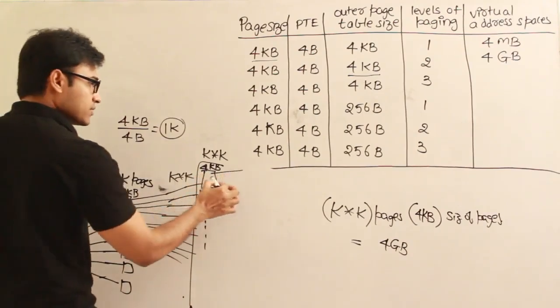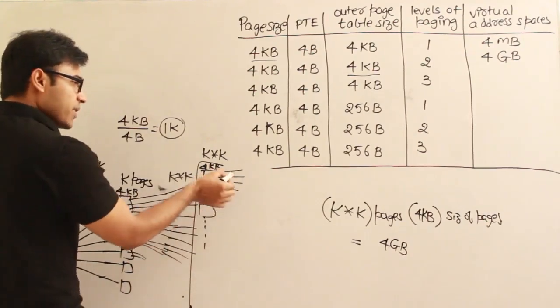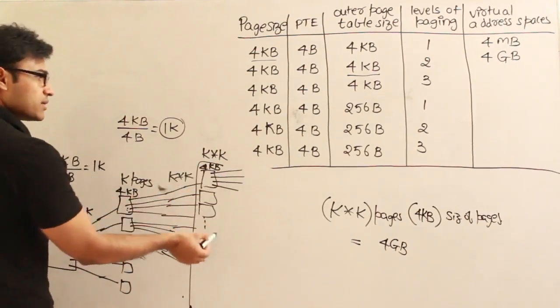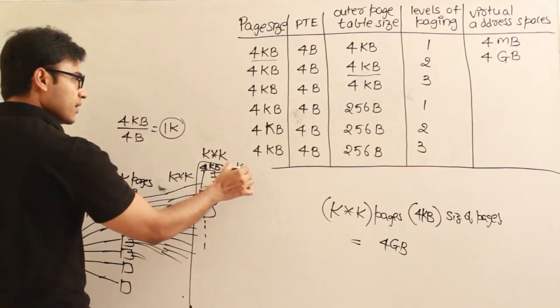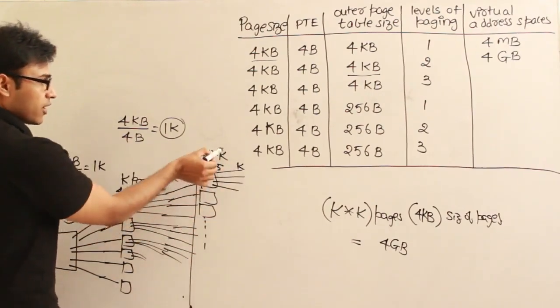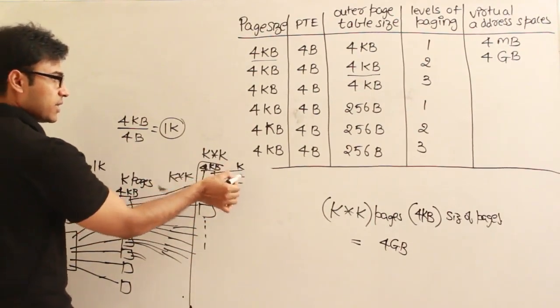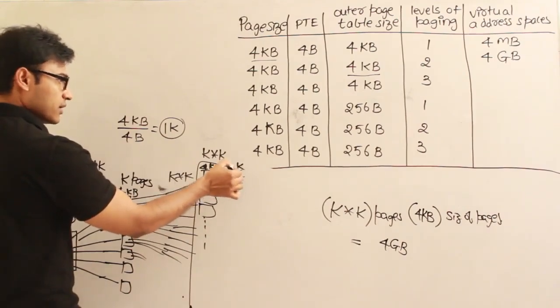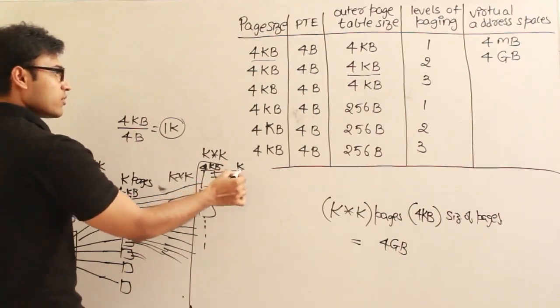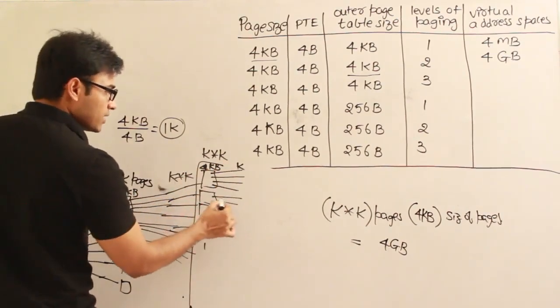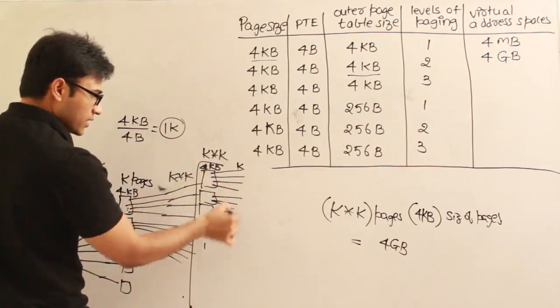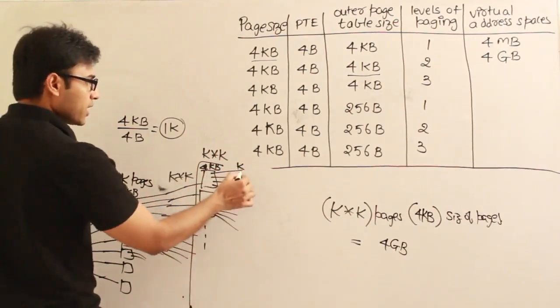Therefore, how many pointers will come out of each page of the innermost page table? Again k, right? Each page. Now there are k into k pages, and each page is going to give out k entries or k pointers. Therefore, totally how many such pointers will be coming out of this? Here k into k, right?